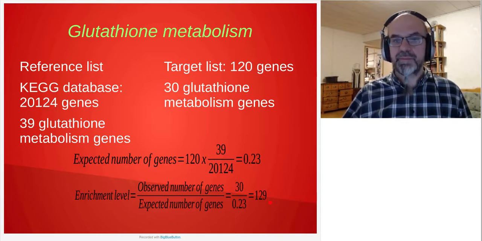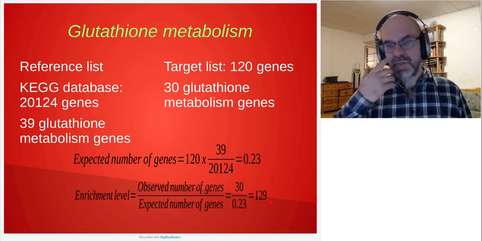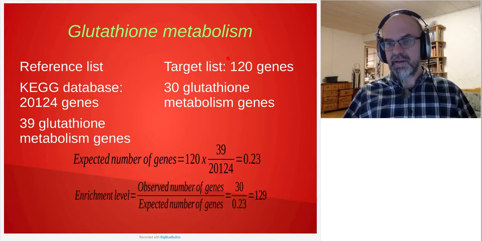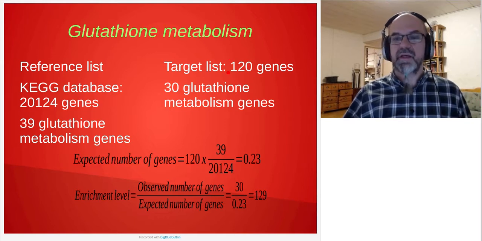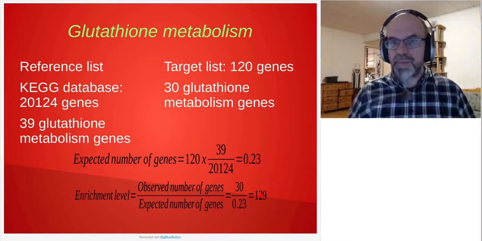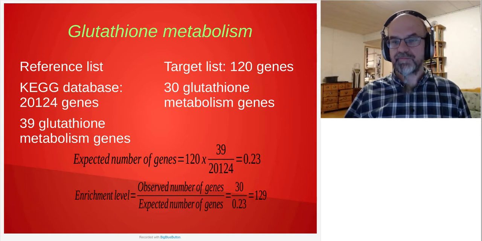So this is a pretty convincing enrichment level. We see in this target gene list 129 times more glutathione metabolism genes than what we would see if it would just randomly pick up 120 genes. But the question remains, is it significant?